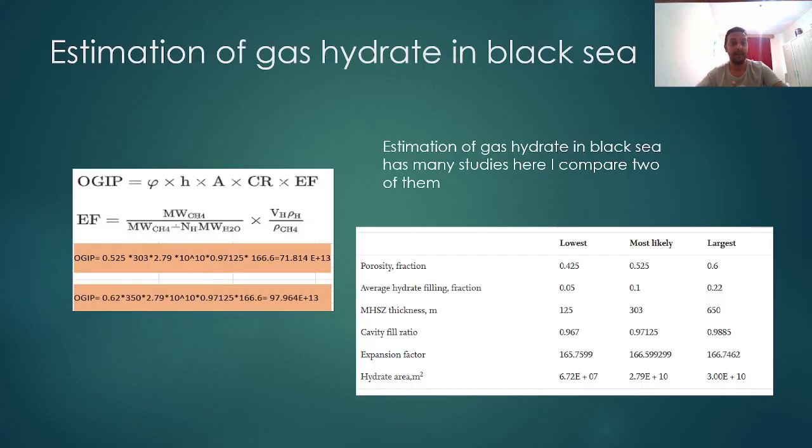Now, I will talk about the estimation of gas hydrate in the Black Sea. We have our equation for original gas in place, with the porosity, thickness and area, and also the gravity fill ratio and expansion factor. I got this data from the articles of Murray and Schaller's research on gas hydrate in the Black Sea.